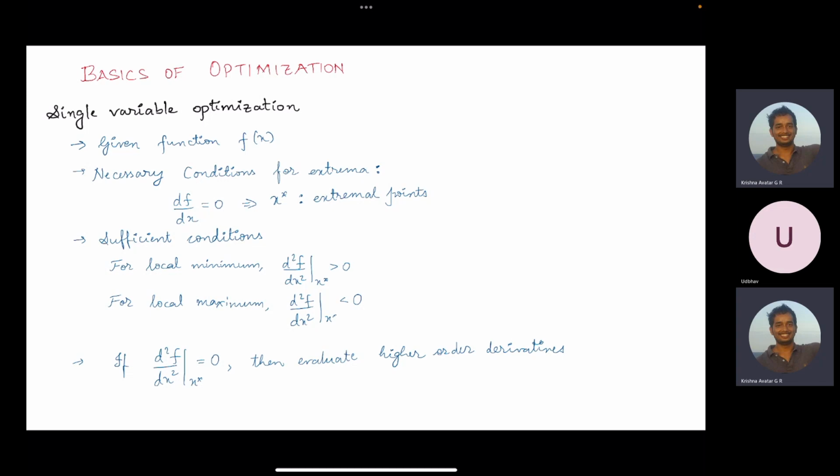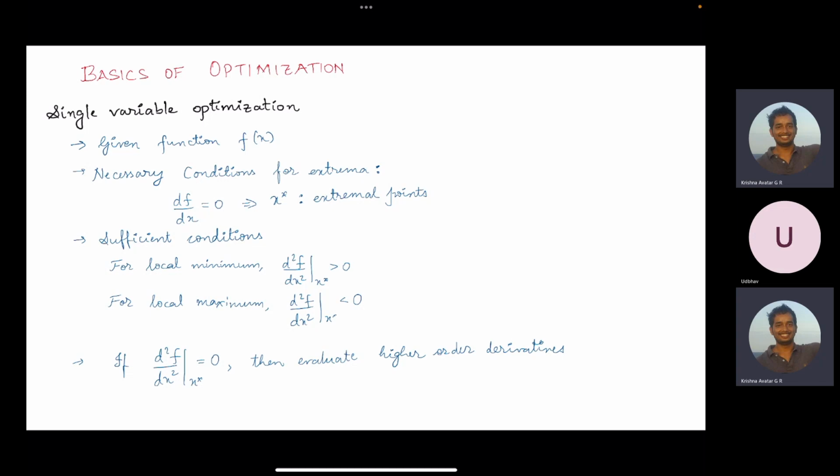The necessary condition for determining the extrema for such problems is equating the first derivative of the function to zero, and we denote the extremal points as x star. The sufficient conditions to determine whether these points are local maximum or local minimum are given by the second derivative of the function at those points.